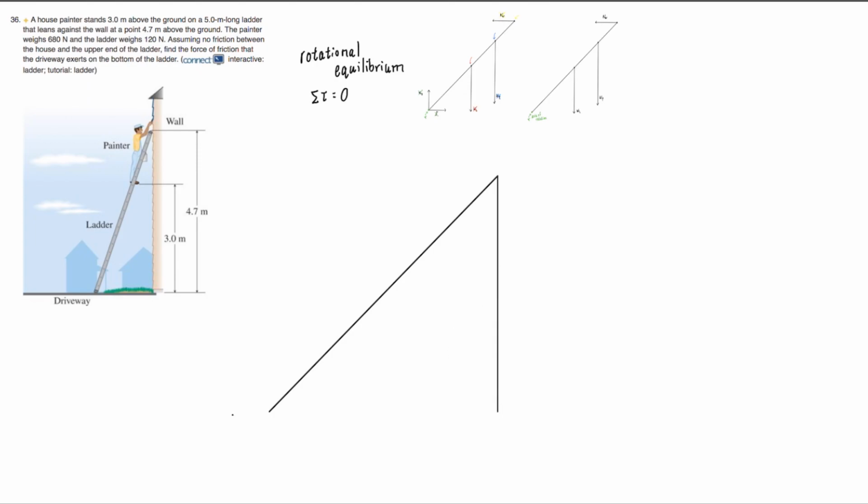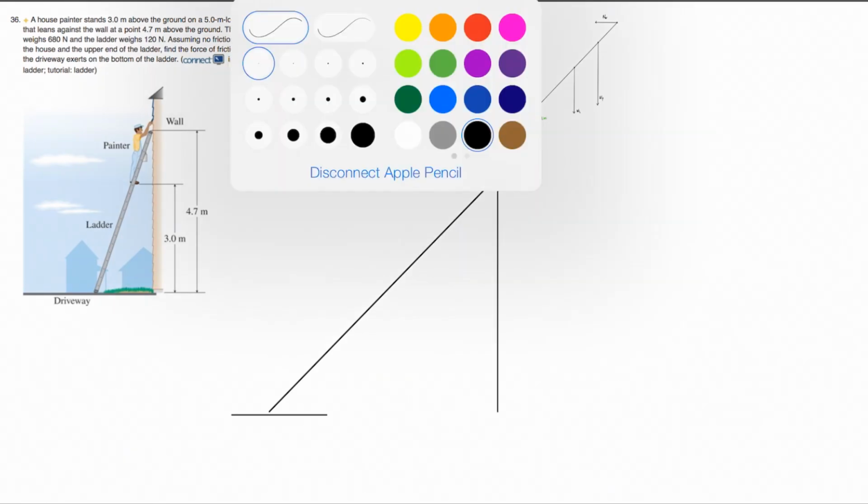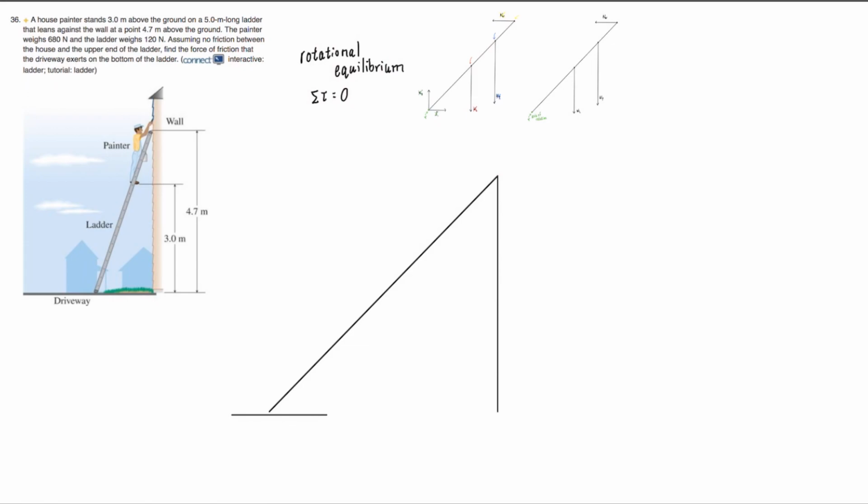So throw in the driveway, just for fun. And we're given in the question stem that the length of the ladder is 5 meters, and that the ladder sits at a height of 4.7 meters.